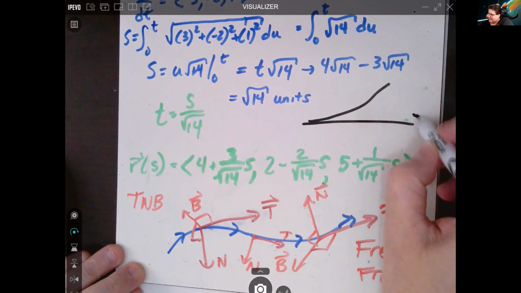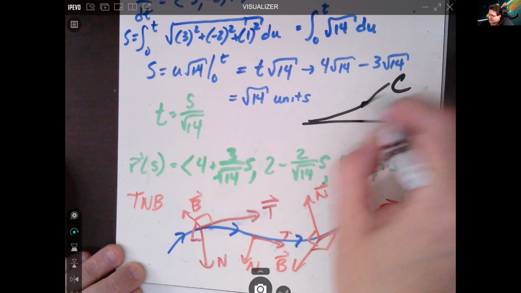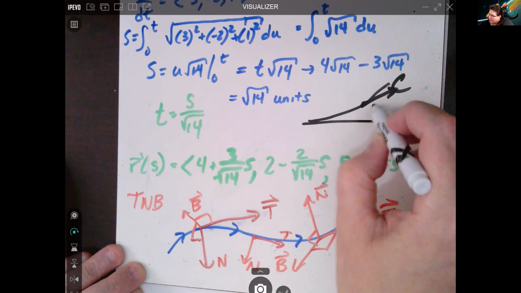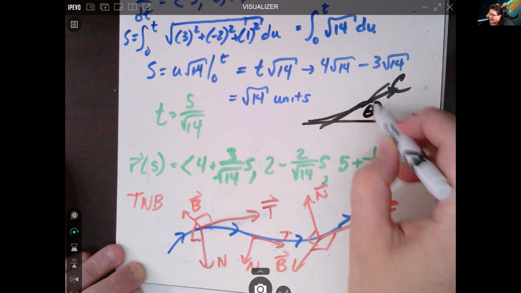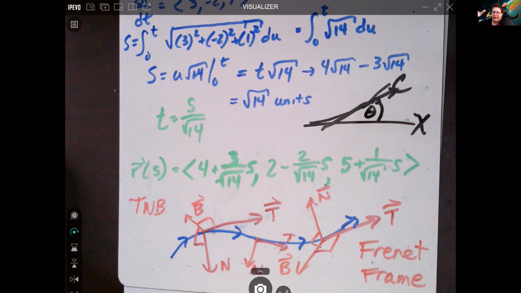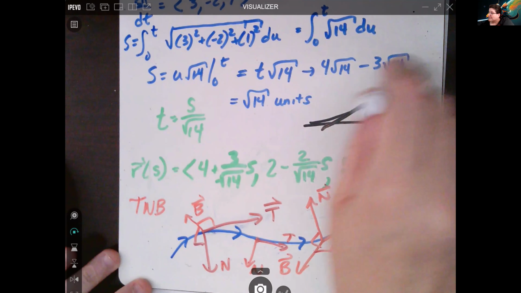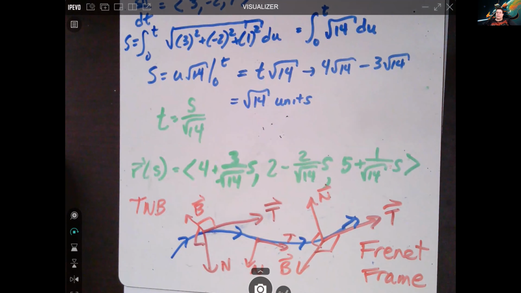Here's the x-axis, and here's my curve C. At any given point, the tangent angle, the angle it makes with x. So that's a parameterization that's used. Like how flat are we, basically? But it's not nearly as common as T or S. Time and arc length are where we're going for most of it.